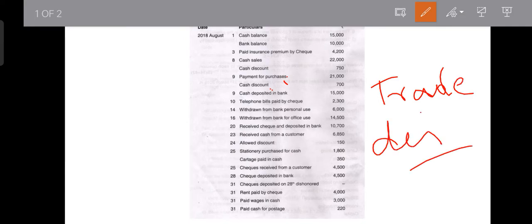Actually that should be the trade discount. We are going to give trade discount, not the cash discount. Cash discount is given when we are receiving money from debtors.